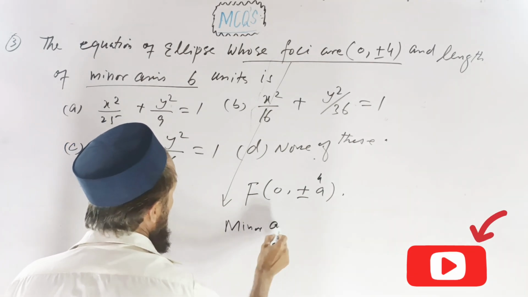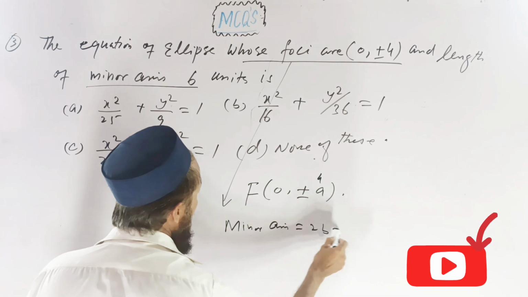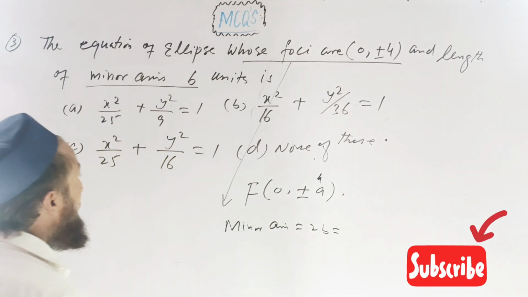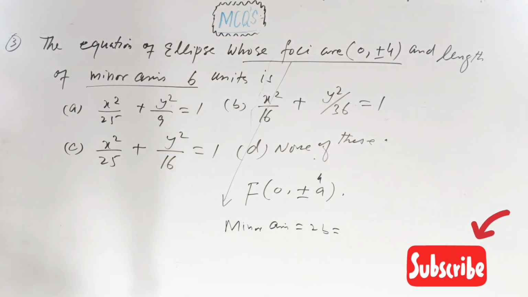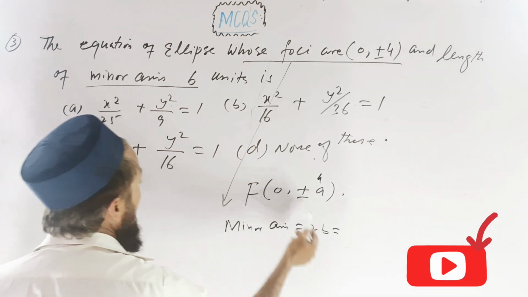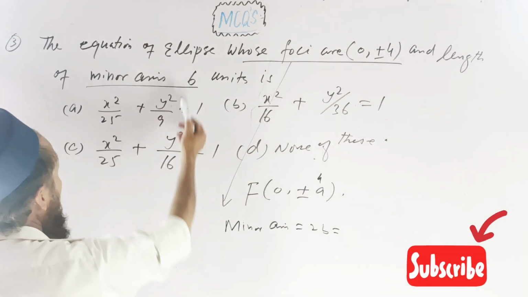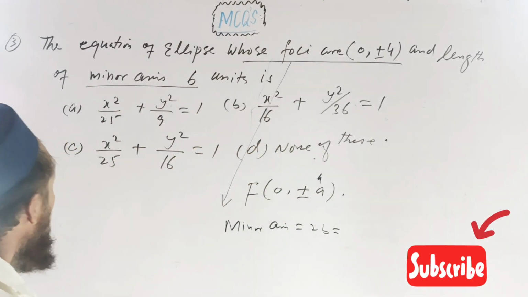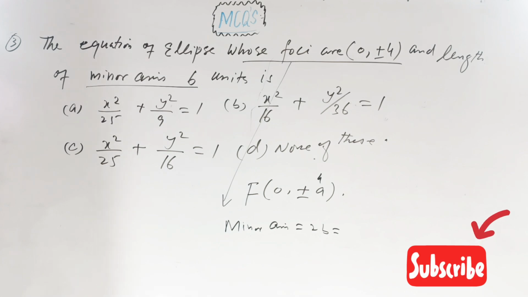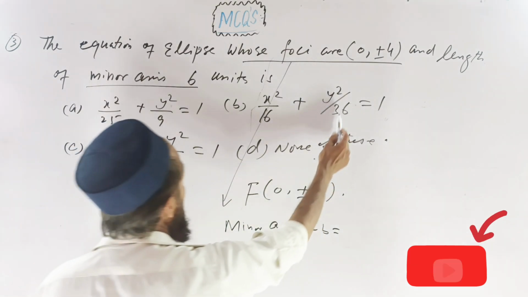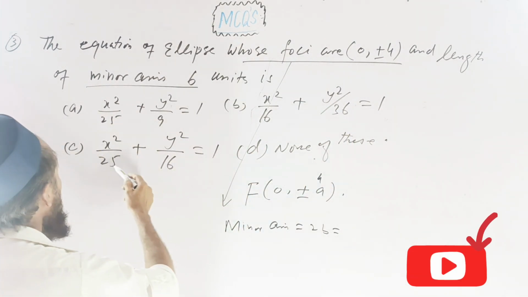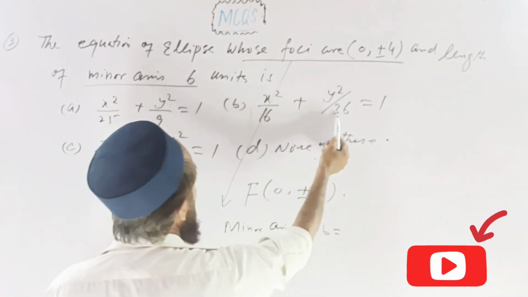The minor axis will be 2b. If we find it from these results, for example here the minor axis is 16 and here it is 8, but here it is 6, and this is also along the y-axis, just the y-axis.